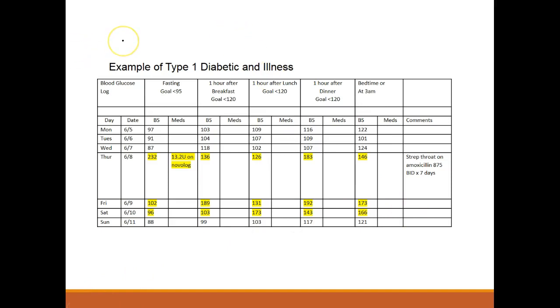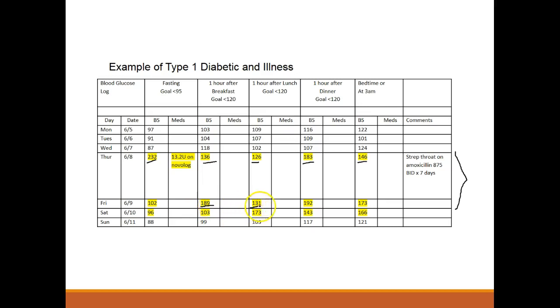Here's the example that I gave of a type 1 diabetic in illness. Here you can see when they get ill how it has a direct impact on some of their numbers. They're kind of in the low 100s, but they really do tend to spike with illness. This patient just did not follow their sick day rules.